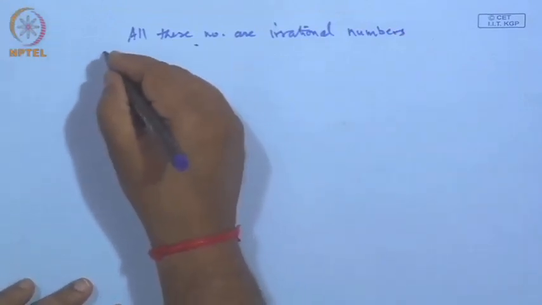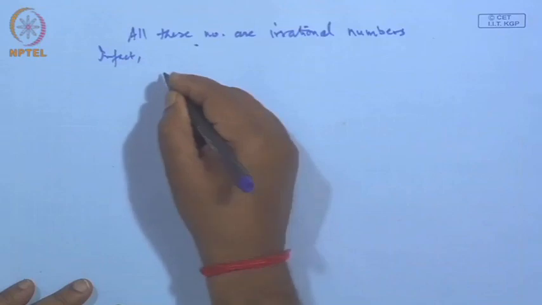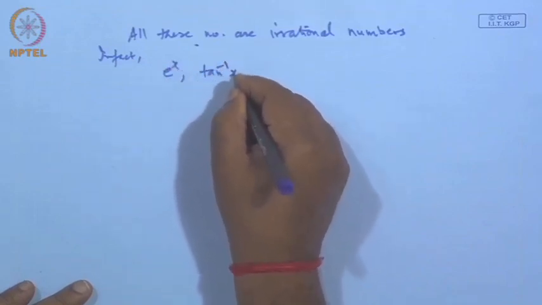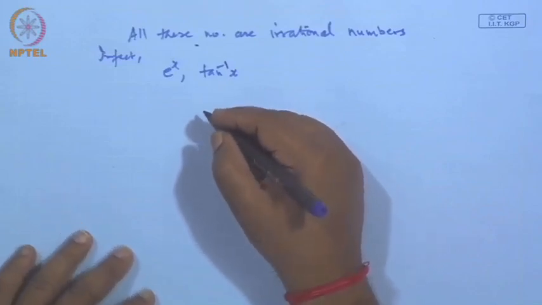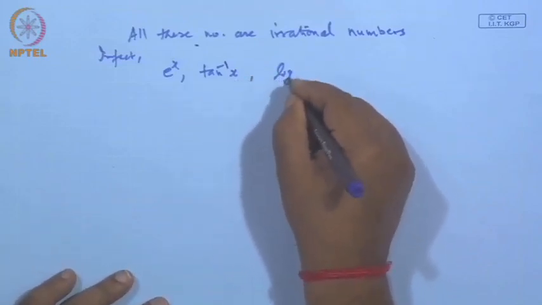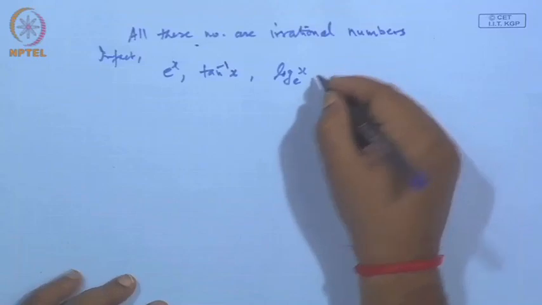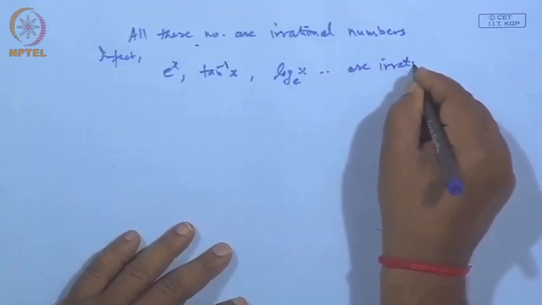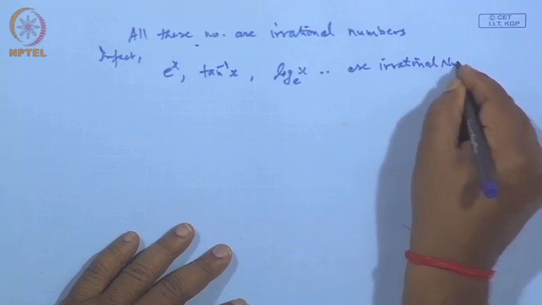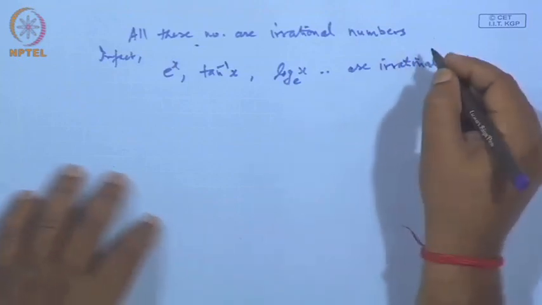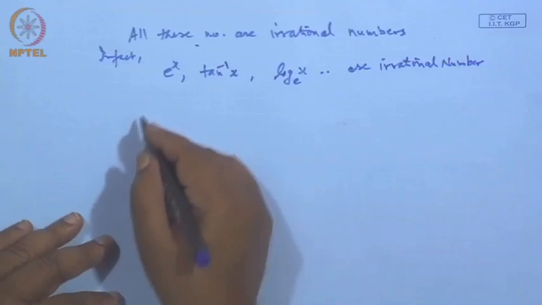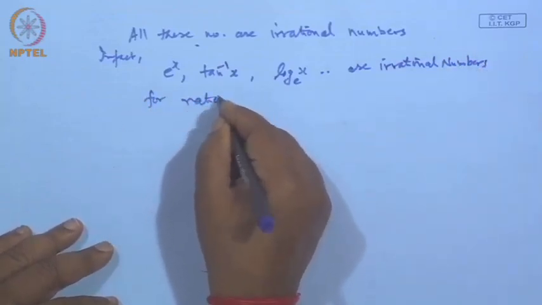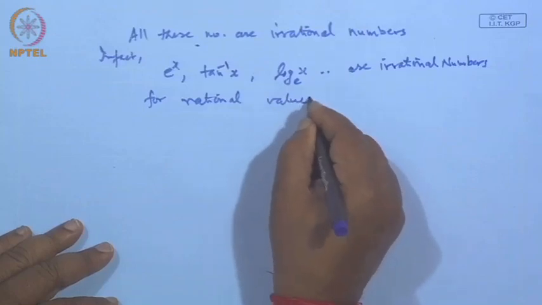In fact, e to the power x, tan inverse x, e to the power tan inverse x, log x to the base e, etcetera, these are all irrational numbers for rational values of x.